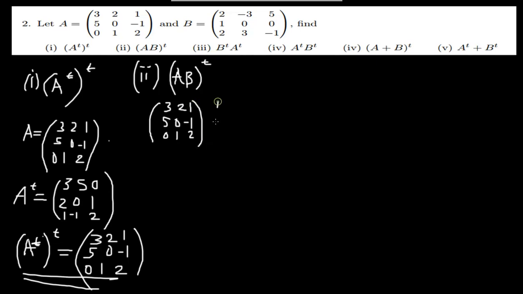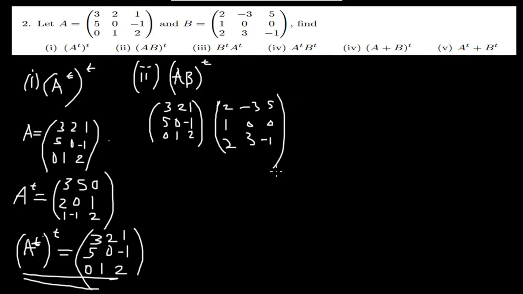And then I'm going to multiply it with my B. B is 2, negative 3, and 5. Then 1, 0, 0. And then 2, 3, then negative 1.